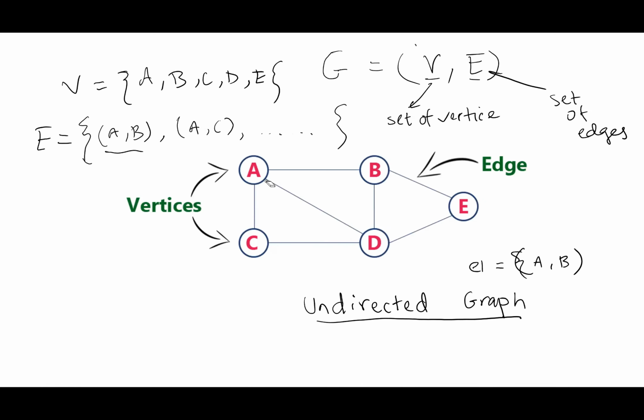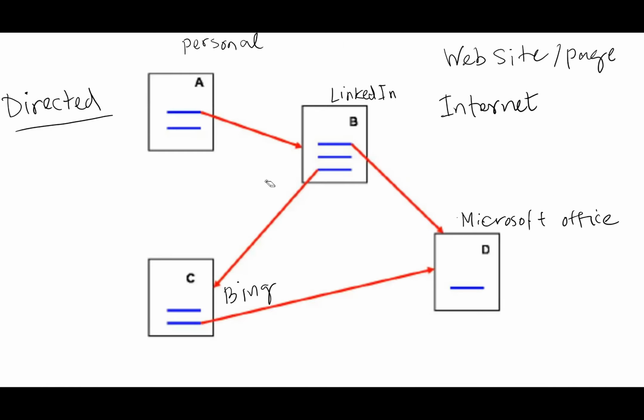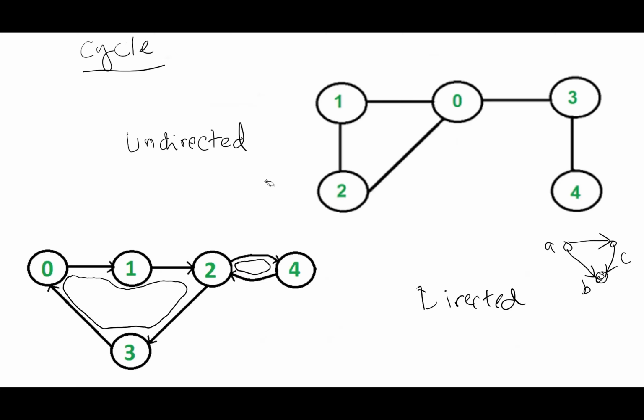But in a graph, there is no parent-child concept. Everything is a neighbor, right? So once you have started BFS on a node, and then you start working on your neighbors, that's fine. But later on, when you are working on your neighbor, it also thinks, oh, okay, one is my neighbor, so I should work on it.